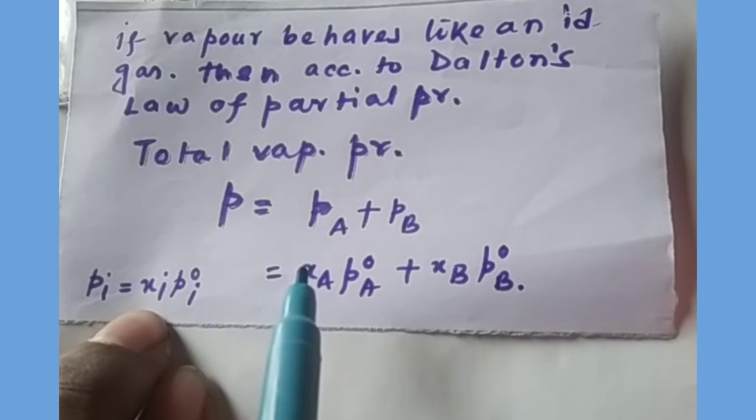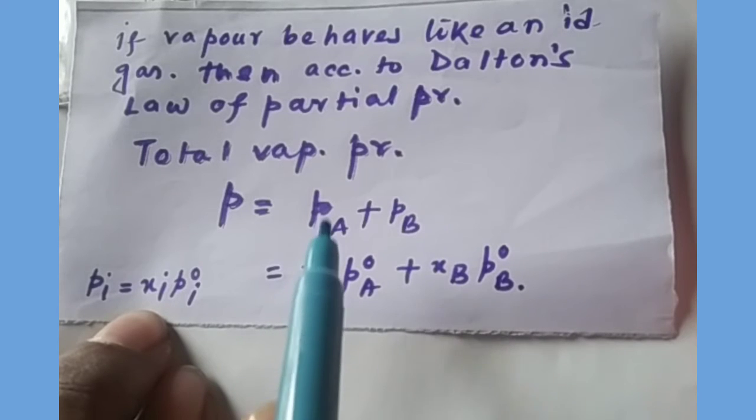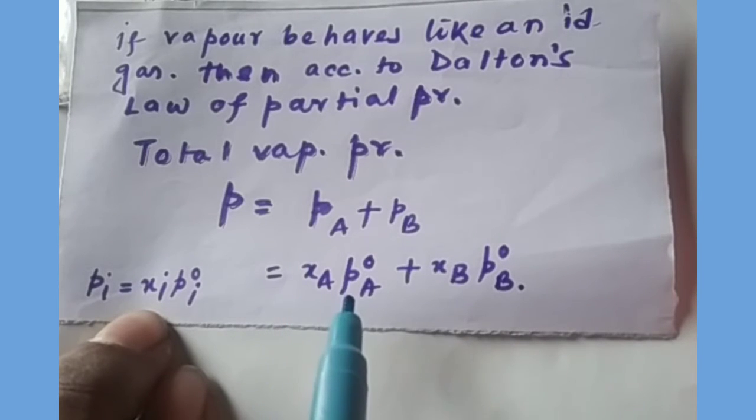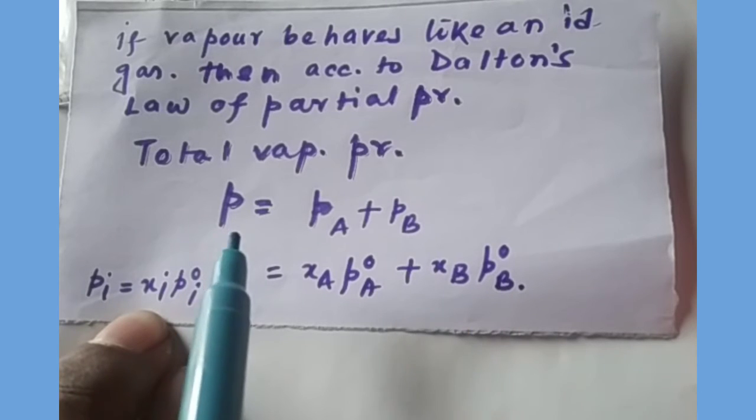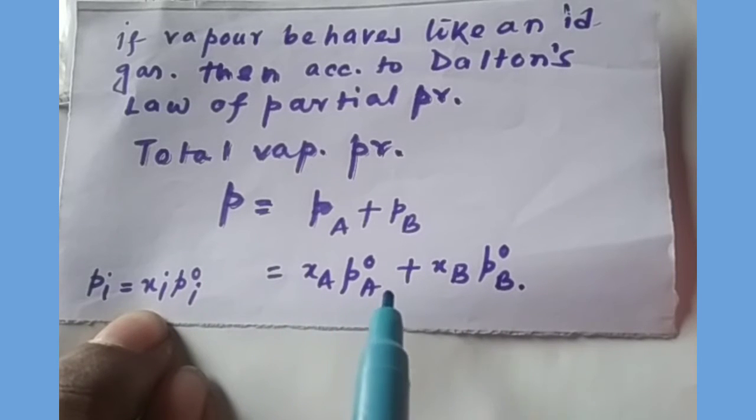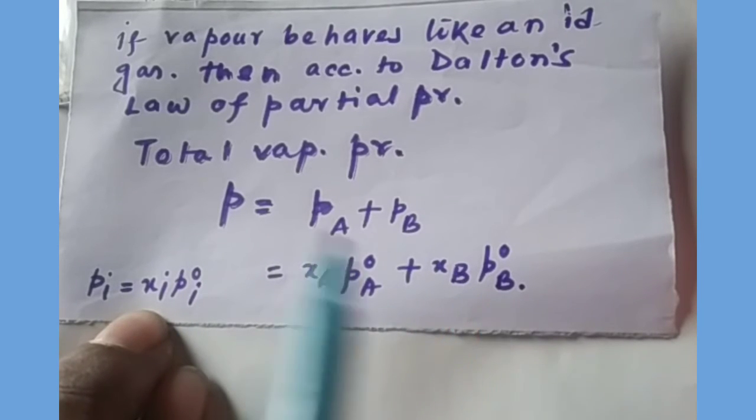If you put in the values from Raoult's law, Pa equals Xa P naught A and Pb equals Xb P naught B, then capital P equals Xa P naught A plus Xb P naught B.